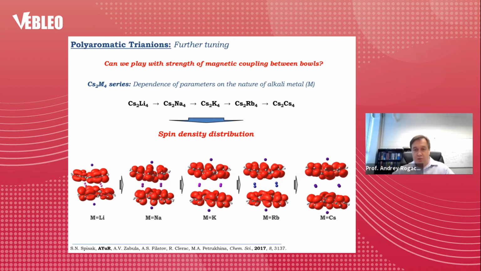Here I'm just showing how the spin density for all the systems looks. We definitely see no electron density sharing between two polyaromatic surfaces, but probably we do have some polarization, like in the case of lithium species, where we see polarization of spin density. Does it have an influence on magnetic coupling between these two balls?